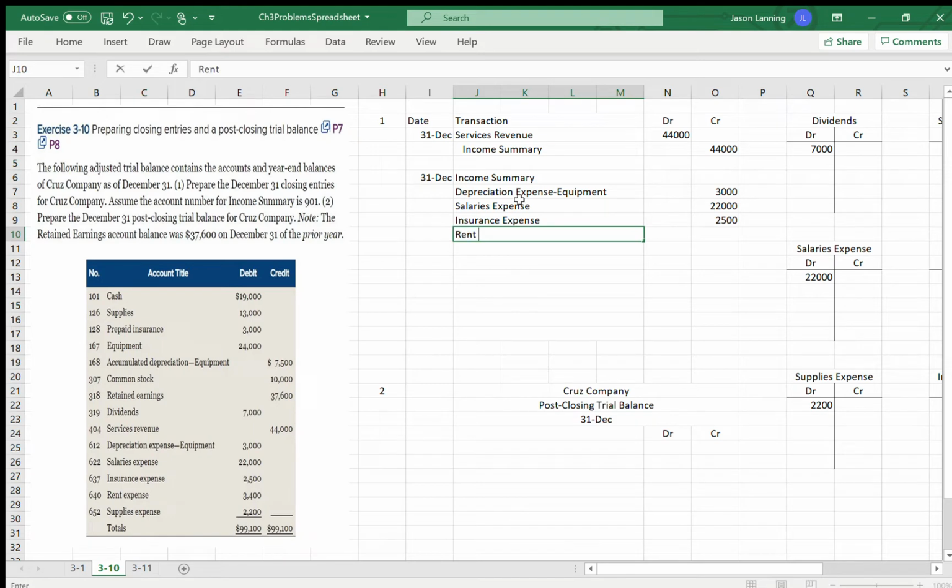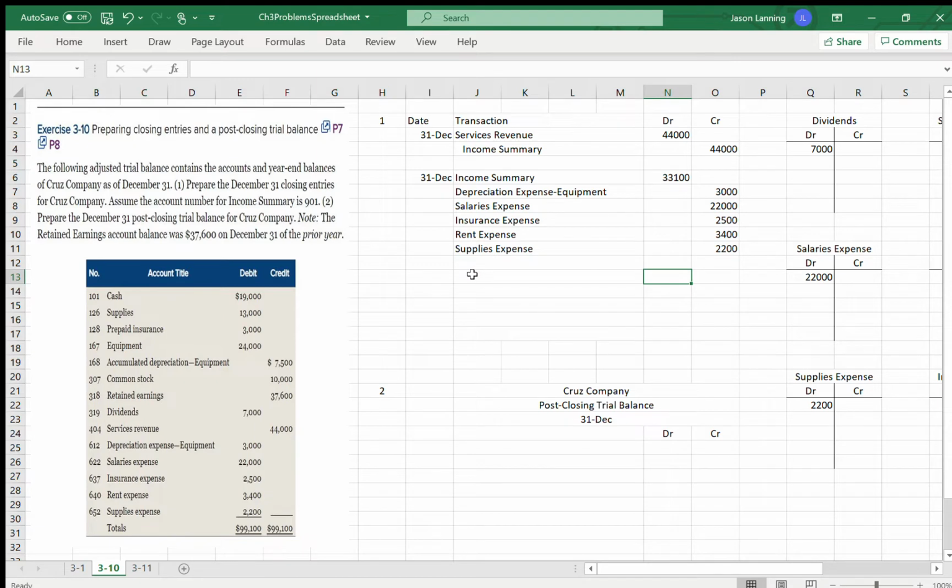Rent expense for 3,400. And then supplies expense for 2,200. All right, now, if we total these, we get 33,100 on the debit. So all of these credits add up to 33,100.